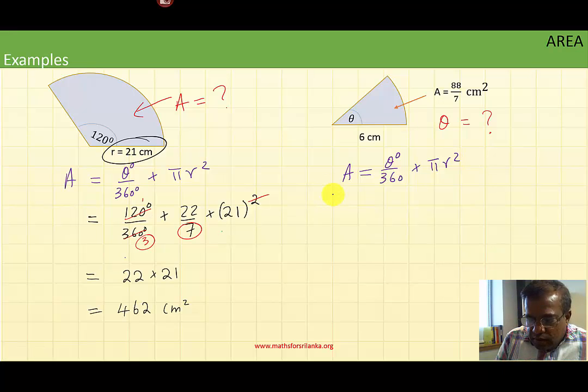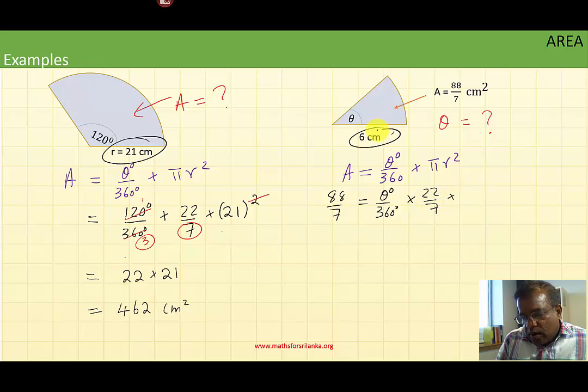A is equal to 88 over 7. Theta we want to find over 360 times π, which we use as 22 over 7. R is 6, so you get 6 squared, or 6 times 6.